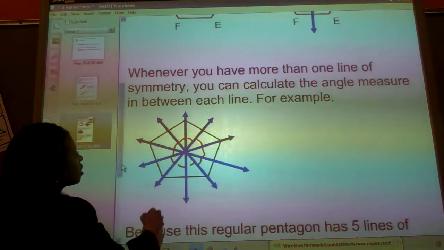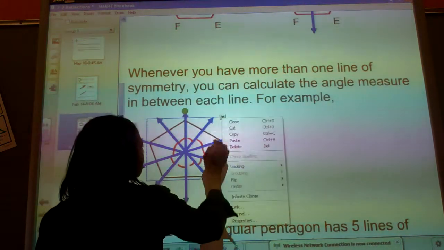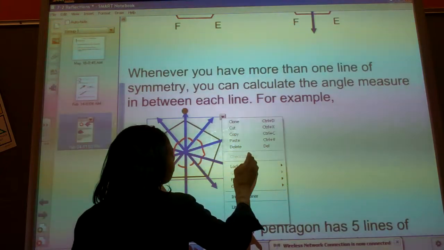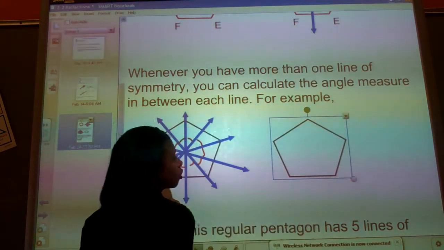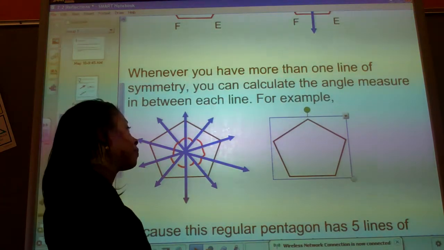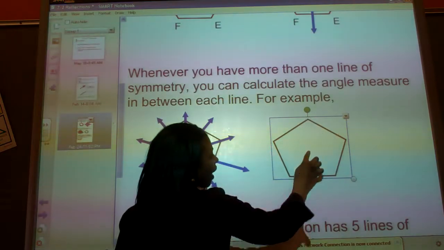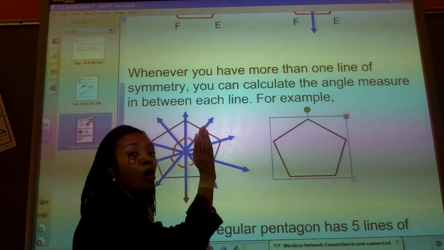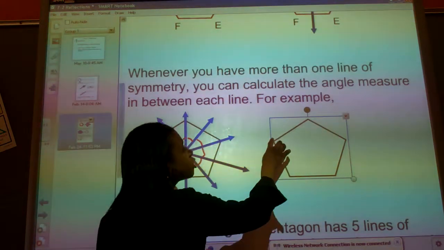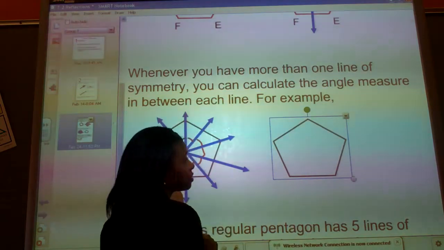Okay? So in this particular shape, and I'm going to see if I can copy it. So that was the original shape. Here we have. All right. Now, when I look here, I have several lines of symmetry. Remember, lines of symmetry means I'm going to draw through the object, and each point on the object will have a twin. So two things happen with the line of symmetry.